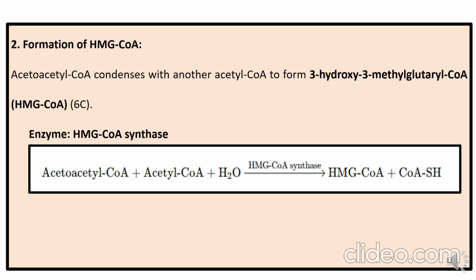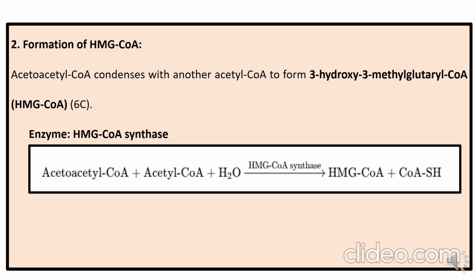It is a 6 carbon compound because aceto-acetyl-CoA is 4 carbon and it condenses with acetyl-CoA, which is 2 carbon. So 4 plus 2 gives 6 carbon. Hence, 3-hydroxy 3-methyl-glutaryl-CoA is a 6 carbon compound. In this reaction, the major enzyme involved is HMG-CoA synthase.